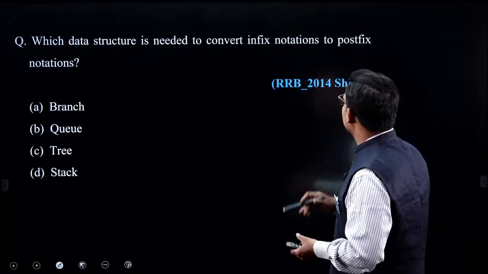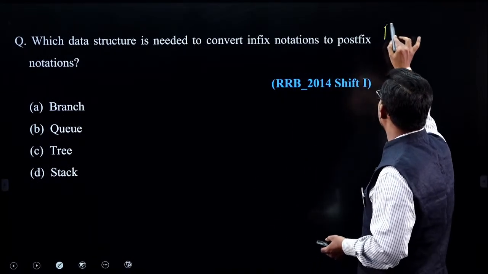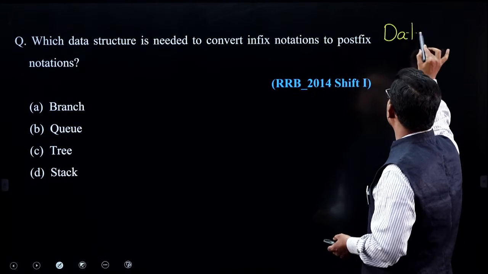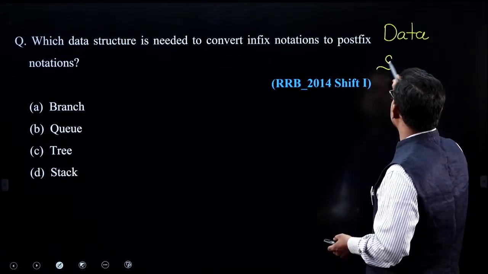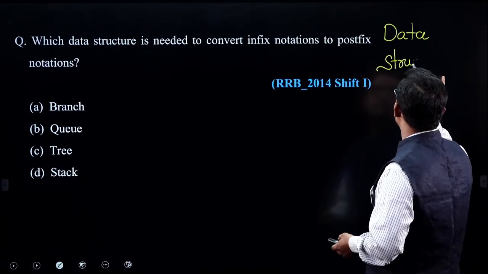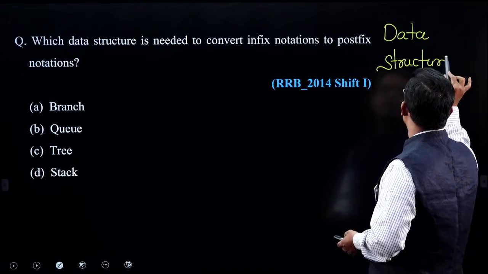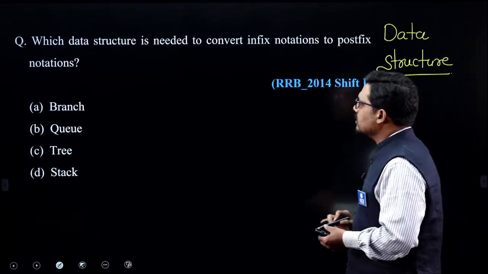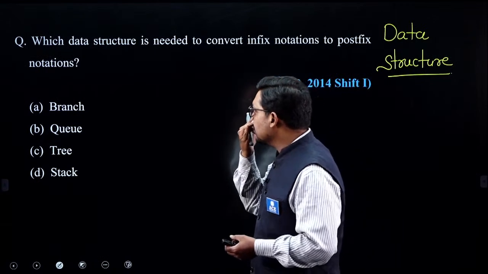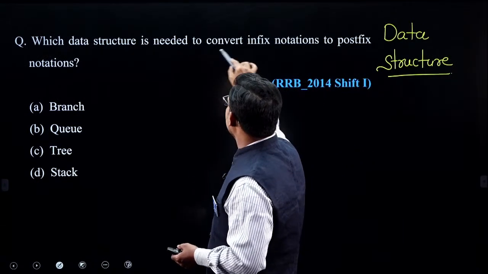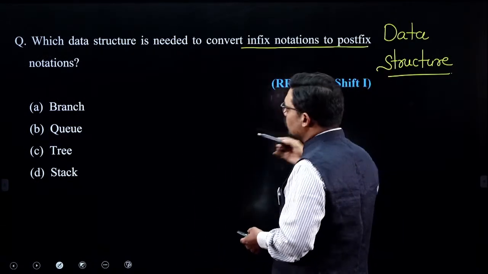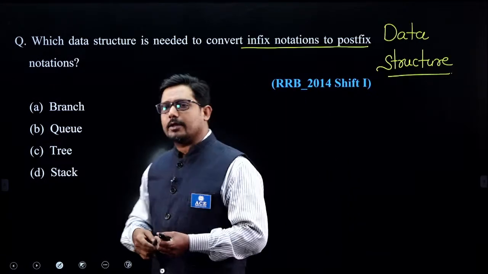Now look at this part, which is taken from data structure. Look at the level of data structure. One of the topics in the syllabus is what data structure is needed to convert infix notation to postfix notation.